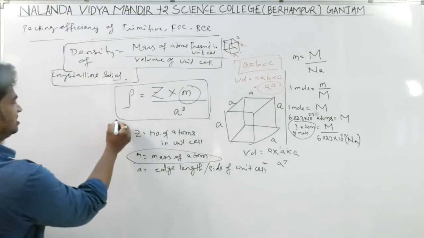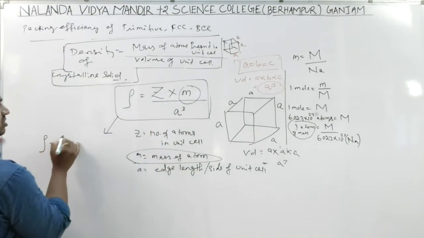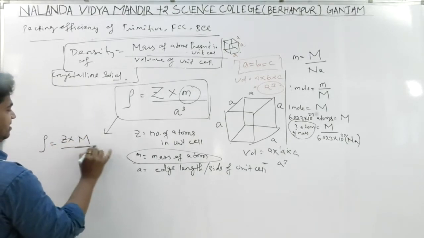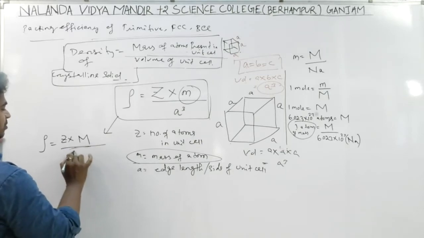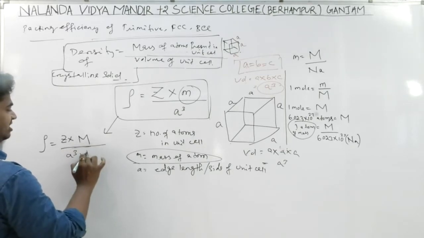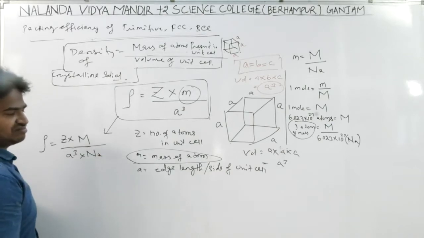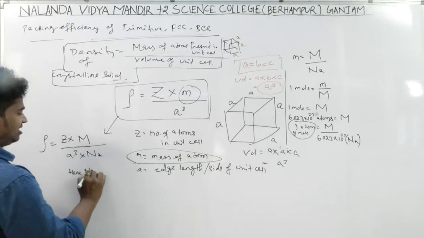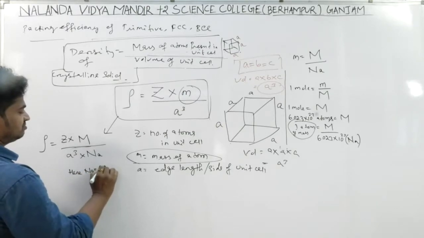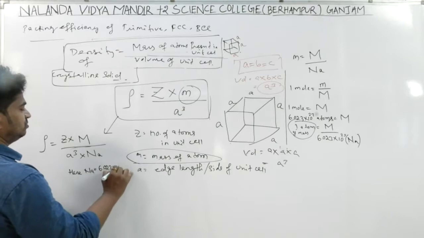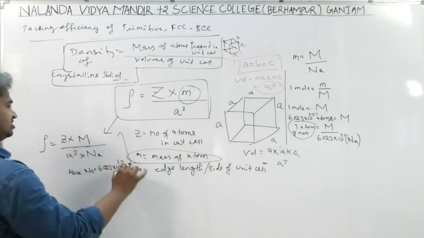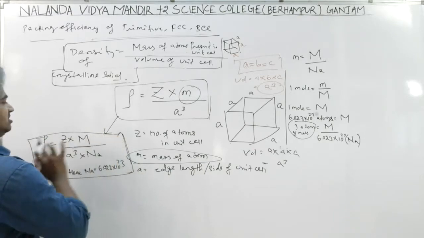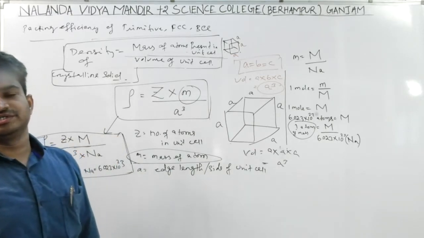Here we can write rho equals Z into capital M divided by a cube into Avogadro's number, where Avogadro number Na is equal to 6.023 into 10 to the 23. This is the final formula for the calculation of the density of a crystalline solid.